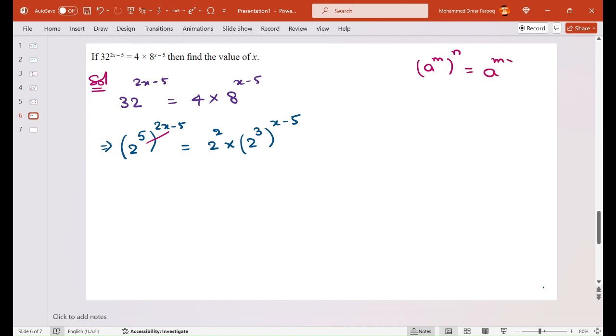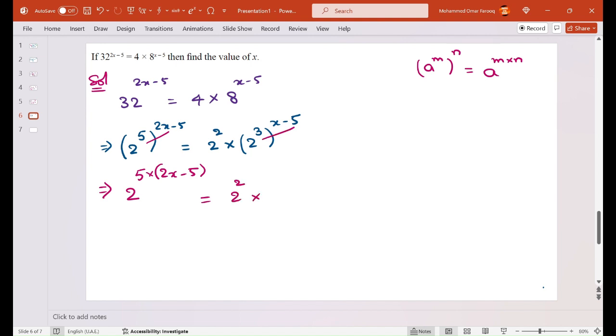You multiply the powers. So that implies 2 to the power of 5 multiplied by 2x minus 5. Whatever I have written, is it right? If you are telling it is right, then you are wrong, because since you have two terms, you have to keep it in bracket. That equals 2 square.